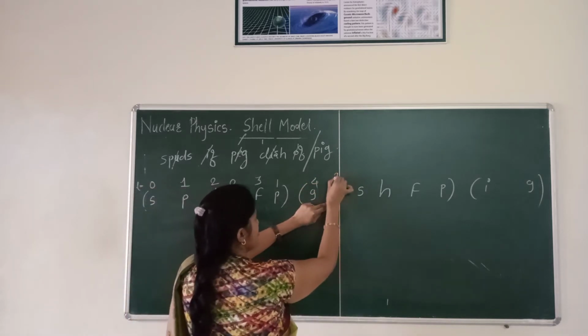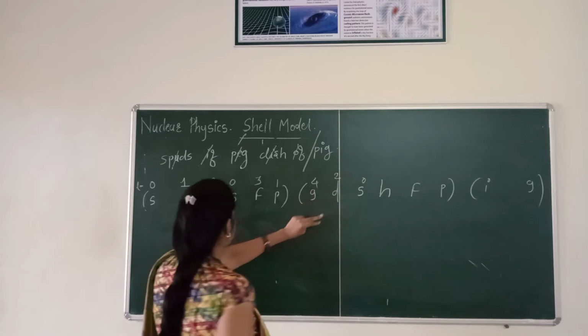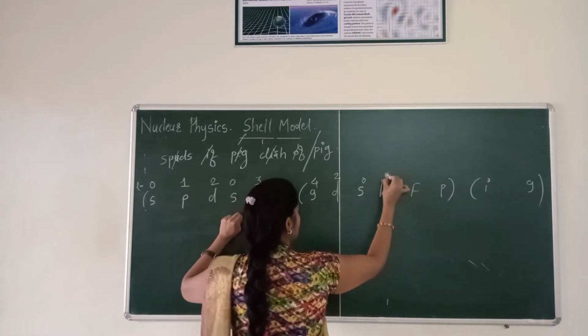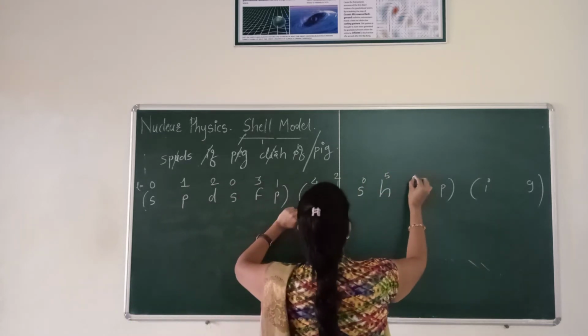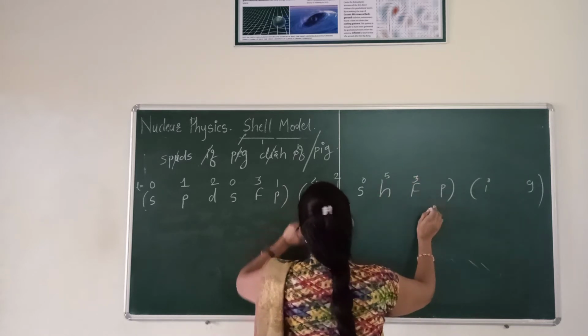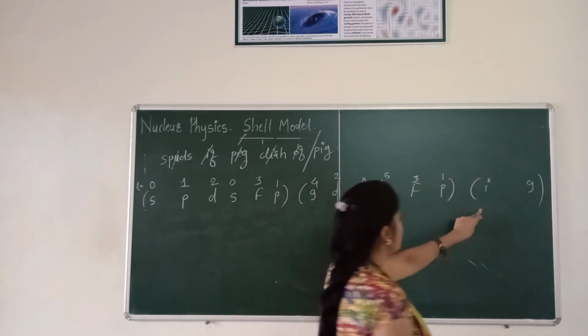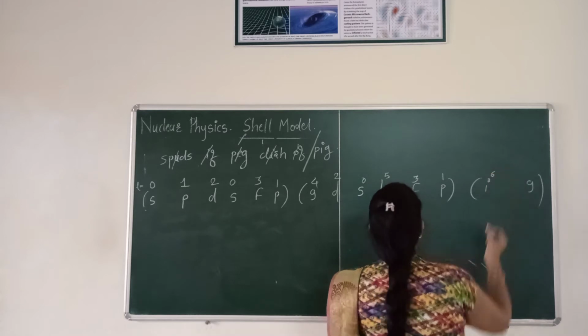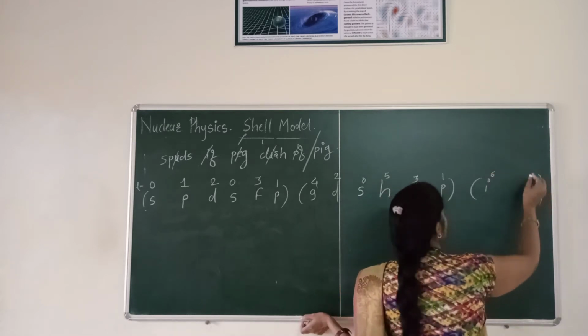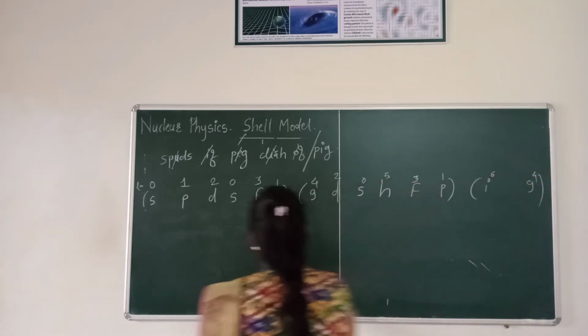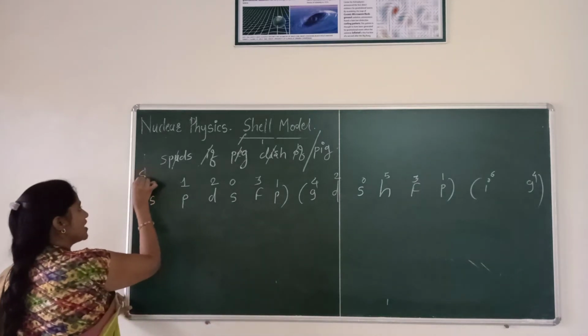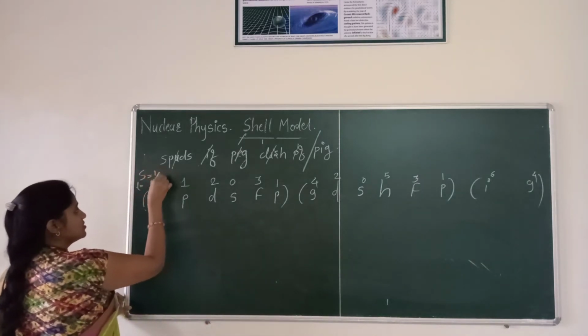For D, 2. For S, 0. For H, 5. For F, 3. For P, 1. For I, 6. And for G, it is 4. And we are taking the spin of all the nucleons as 1/2.